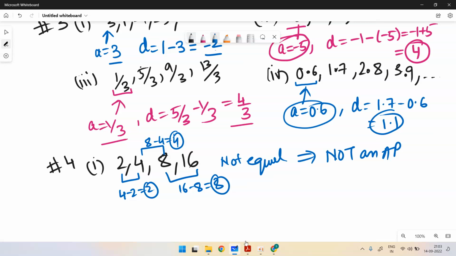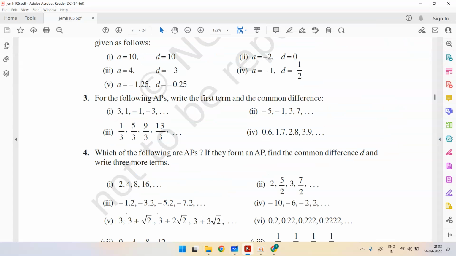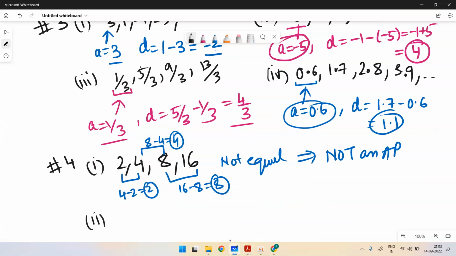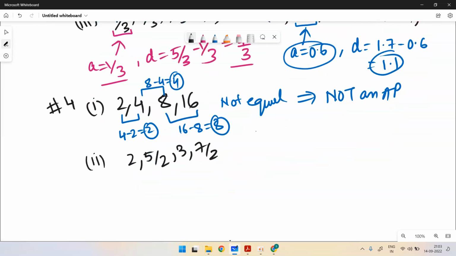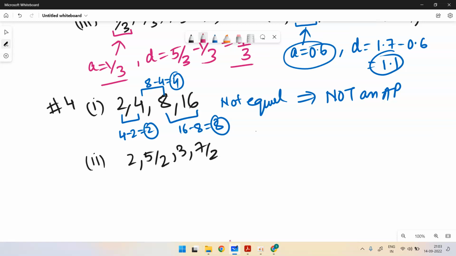Now next, the series is 2, 5 by 2, 3, 7 by 2. The common difference is 5 by 2 minus 2, which is 5 minus 4 by 2, which is 1 by 2.